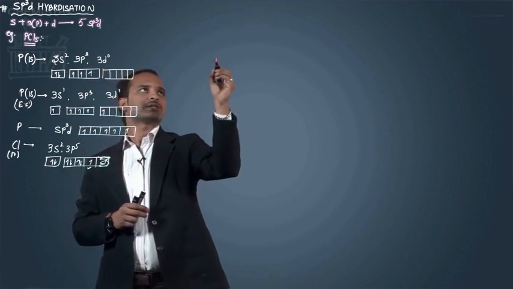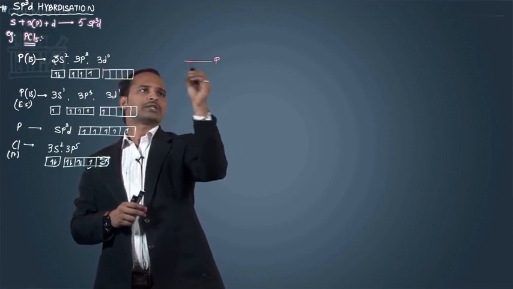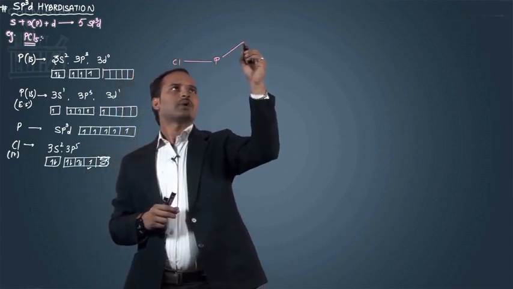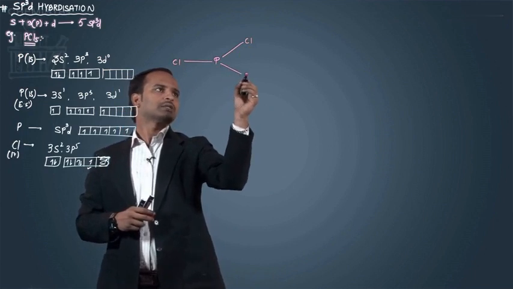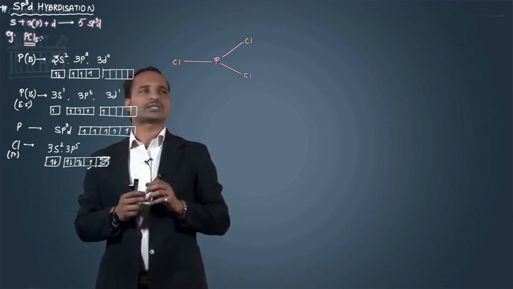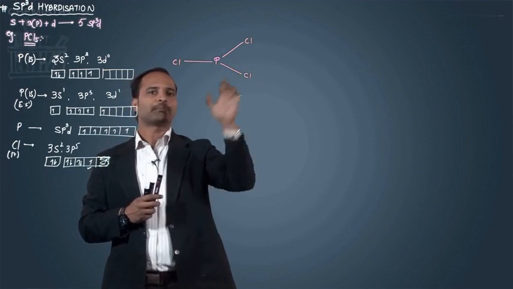This is phosphorus at the center. One chlorine is here, one chlorine is here, one chlorine is here. These are the 3 chlorines belonging to the same plane.